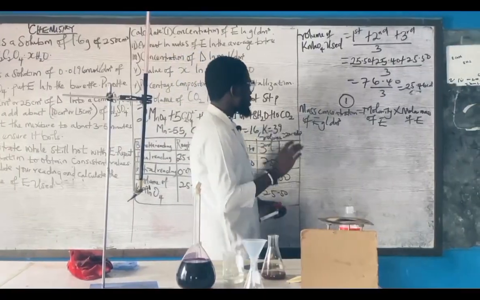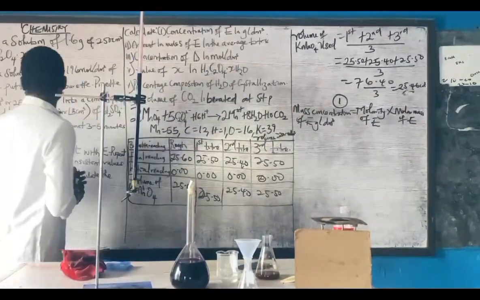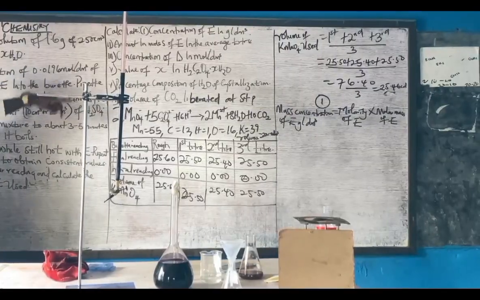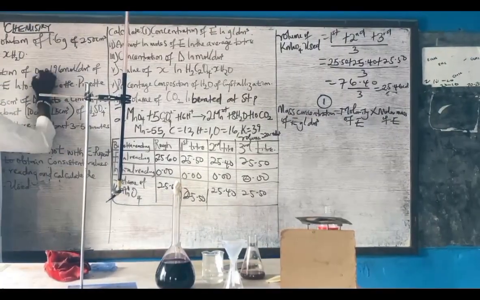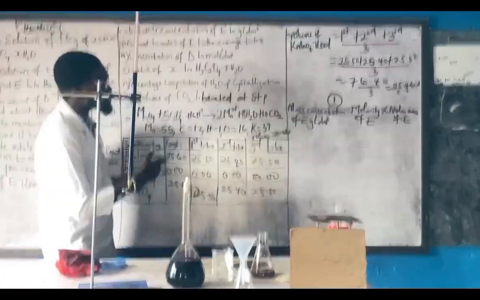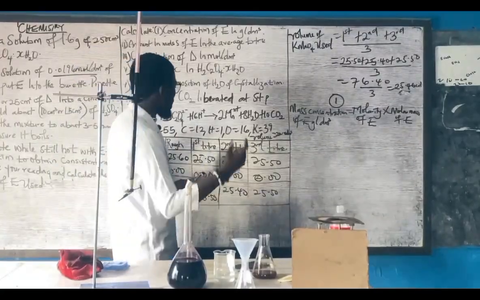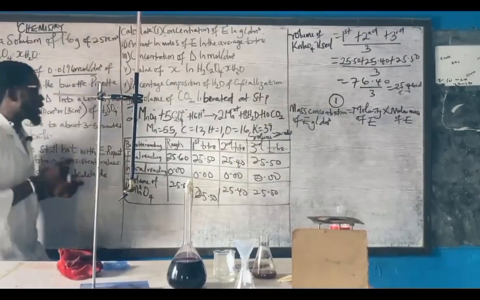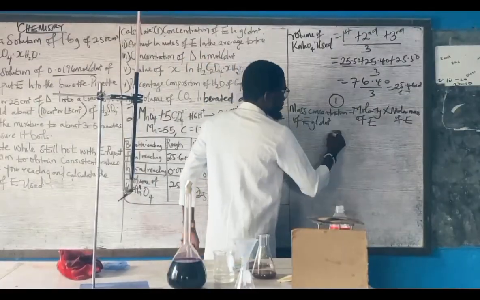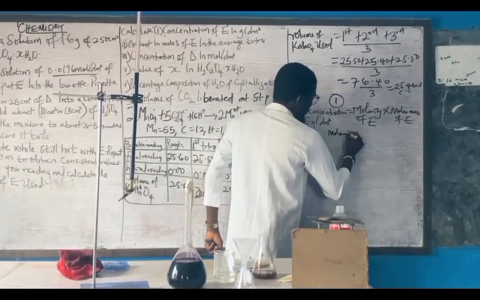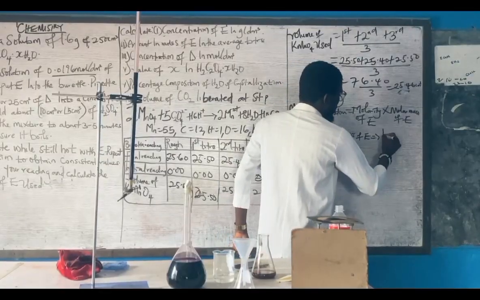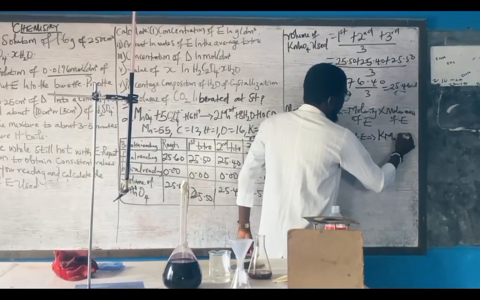So the first thing you need to do is that since E is a solution of 0.0196, this serves as the molarity of E. Now, let's calculate the molar mass of E. What is our E? Our E is KMnO4. Are you with me now? So the molar mass of E, which is KMnO4.